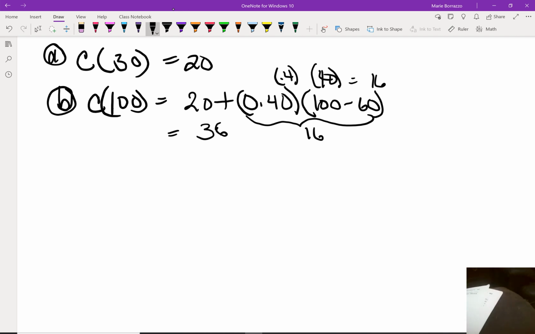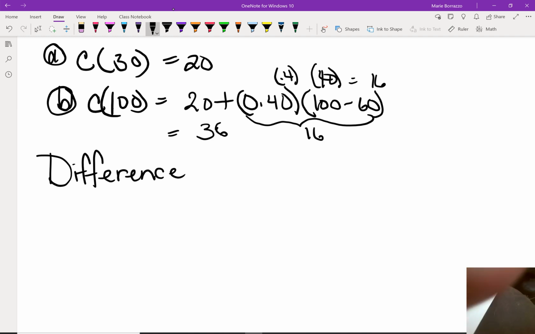So we hop over to the difference quotient. Understand the difference quotient is another concept that eventually you're going to use in calculus.